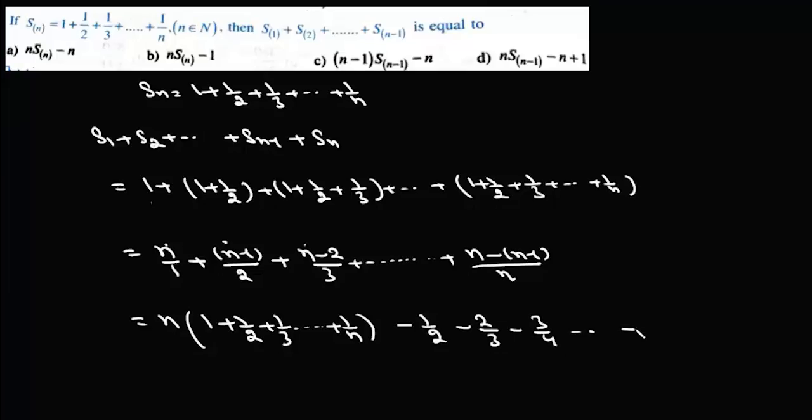Now what we'll do is, we'll take these terms of n together and we take n common, so it'll be 1 plus 1 by 2 plus 1 by 3 up to 1 by n, and then we'll have minus 1 by 2, minus 2 by 3, minus 3 by 4 up to minus n minus 1 by n. And what we'll do is we'll add 1 to each term, and we have added this 1 n minus 1 times, so we'll add minus n minus 1.